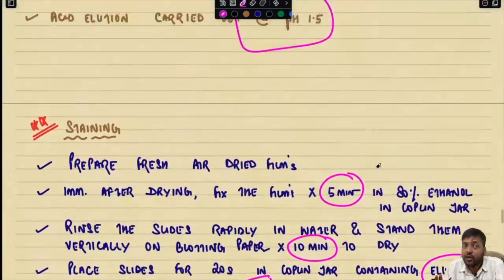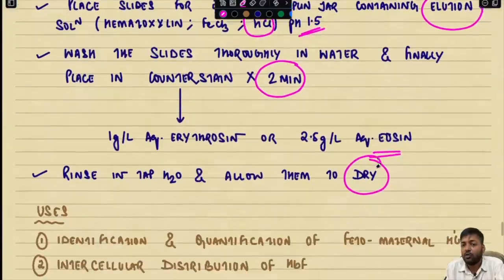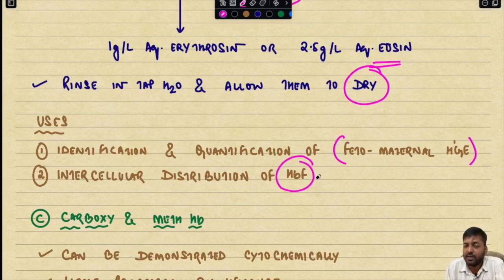So what is the major use of this test? As you remember, we have already discussed this under the approach to hereditary hemolytic disorders. The first important use is the identification and quantification of feto-maternal hemorrhage. Secondly, in intercellular distribution of HbF, for example in hereditary persistence of fetal hemoglobin, you will see a pancellular distribution of RBCs containing HbF, whereas in other conditions like delta beta thalassemia, there is a heterocellular distribution.